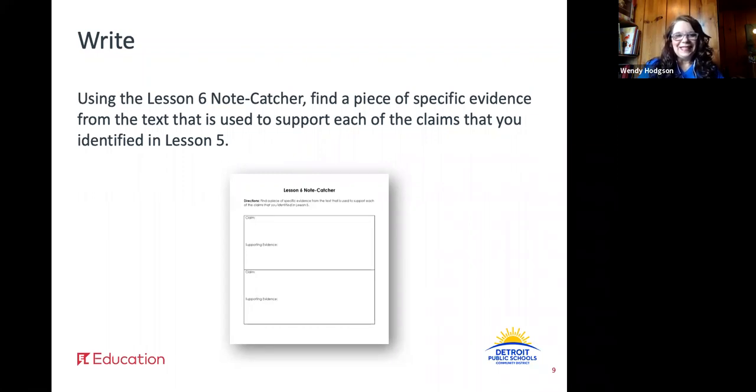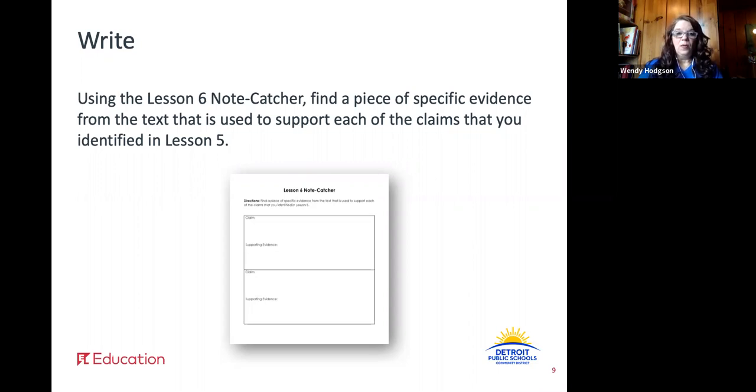Using the lesson 6 note catcher from your distance learning packet, find a piece of specific evidence from the text that is used to support each of the claims that you identified in lesson 5. So if you go back to your lesson 5 note catcher, you'll see that you had 2 claims specifically from the article, things that the author stated.